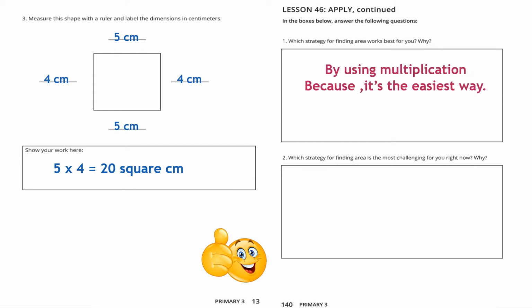For me, I prefer multiplication because it's the easiest way for me, and you can write anything you want. And number 2, which strategy for finding area is the most challenging for you? You can write if you want, or if you don't have any challenging strategy, you can leave it empty as it is.